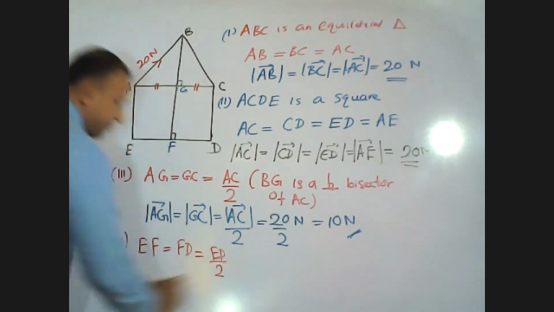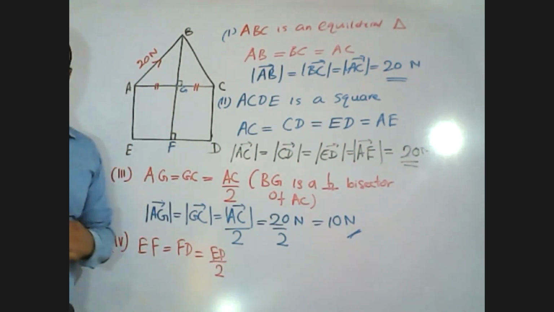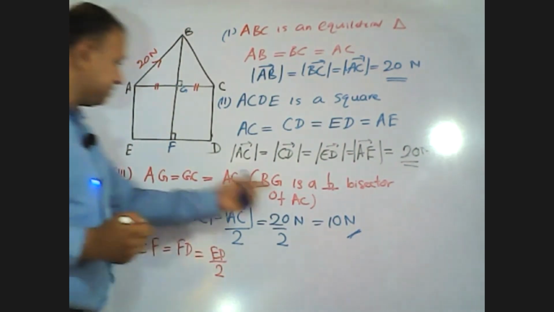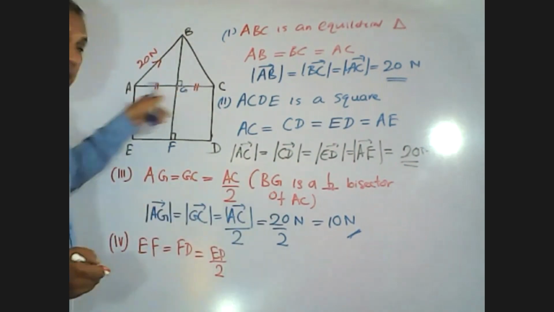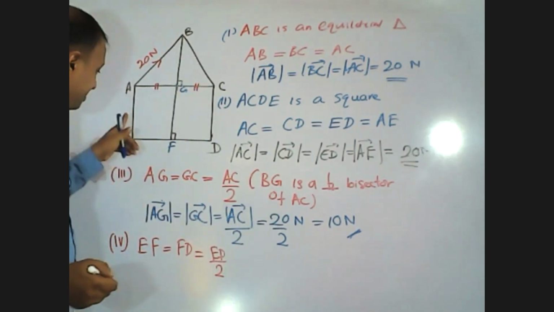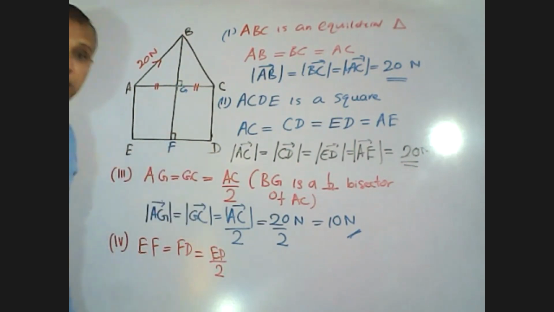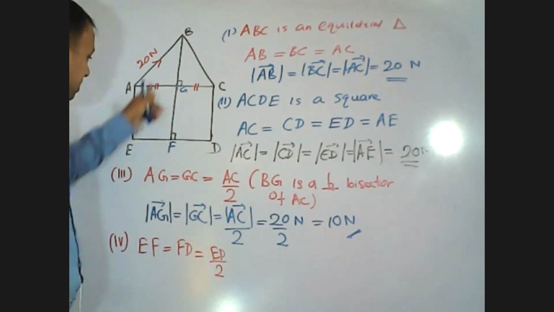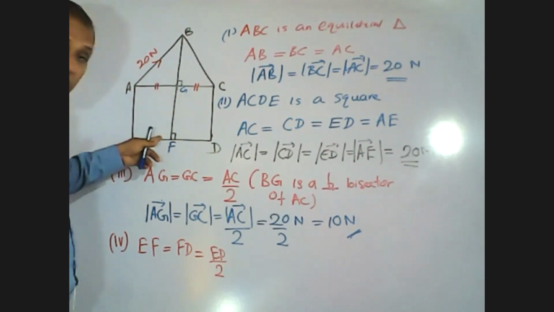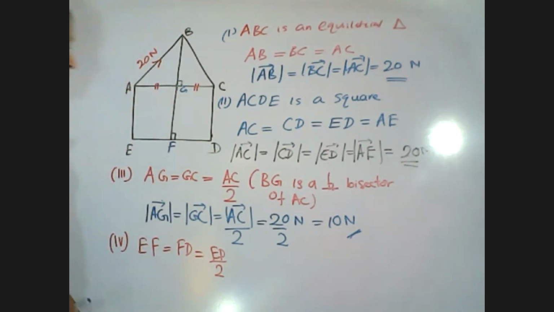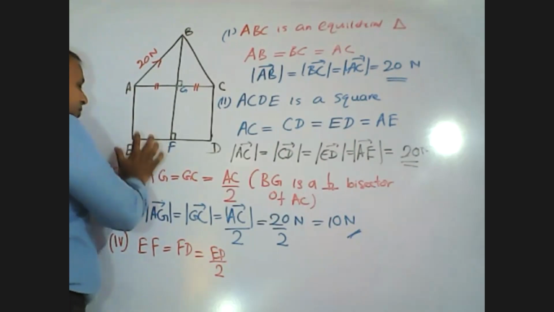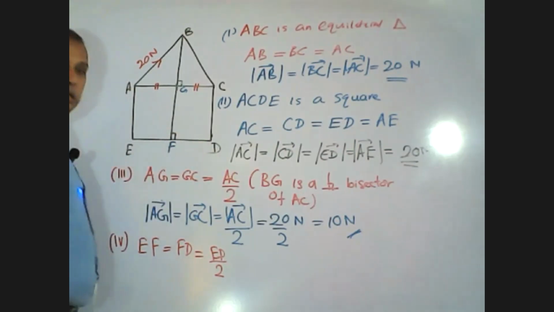For the same reason, as this is a bisector and this is perpendicular to ED, GF should also be a bisector to ED.